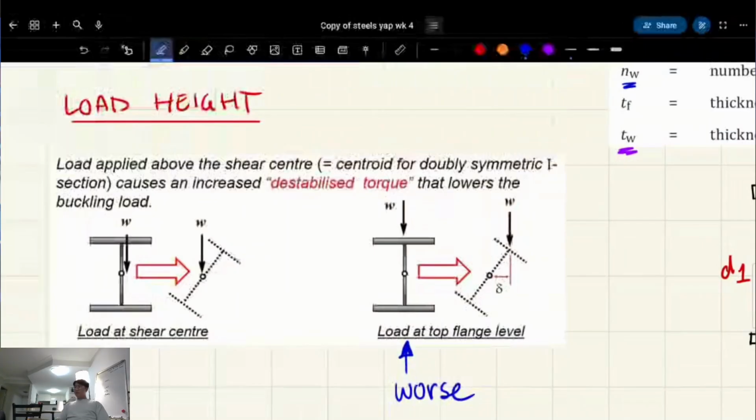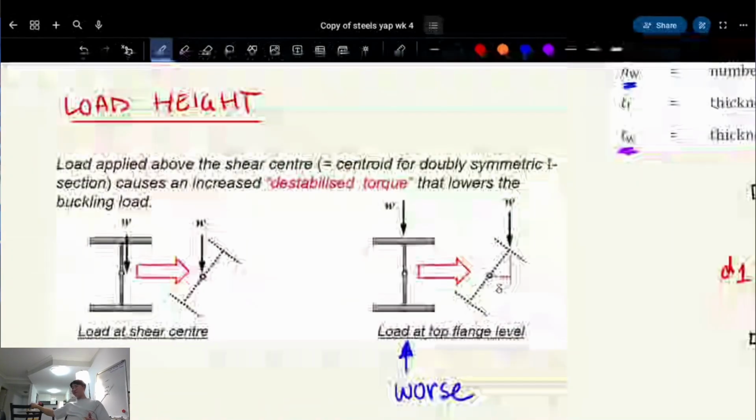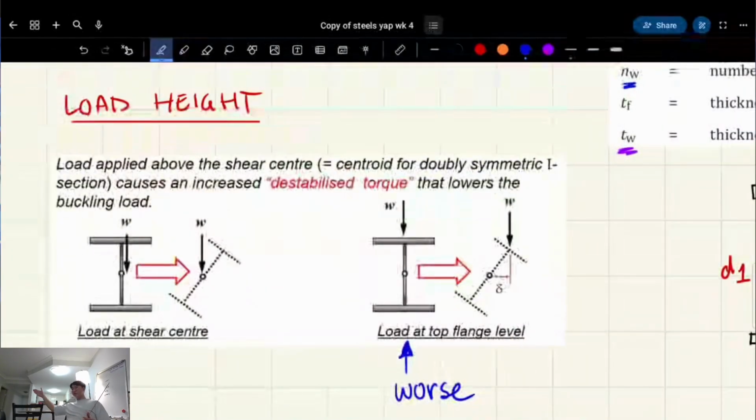It's more tilted. If I drag this chair down from the middle, it's not really going to wobble left and right. But if I drag it down from the top, it has this moment. It's because we care about the twist, right? So it has a bigger lever arm basically. If I push it down from the top, it causes an eccentricity and pushes it off to the side, whereas the left case is called the shear center.